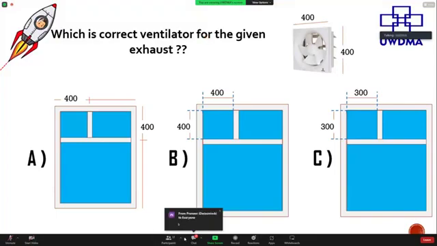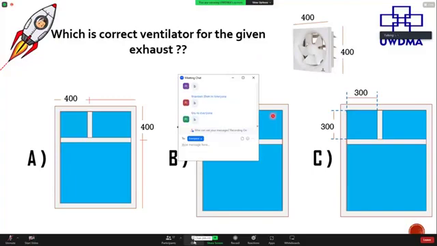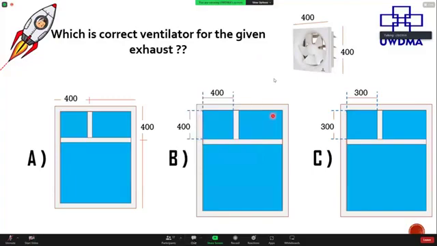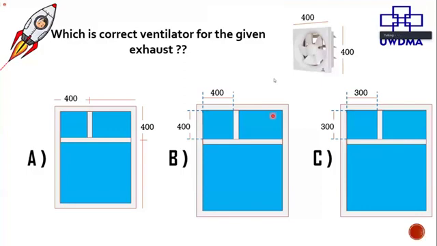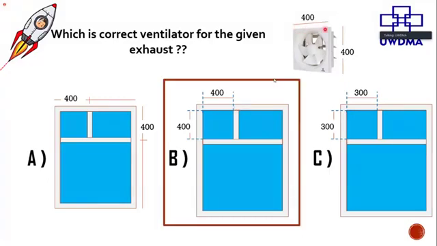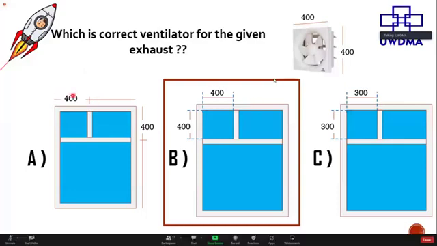People are saying B, and yes, we're going with B because, as I've told you, we have to take the measurements internally, not externally, because if we take the measurements externally, then it will also include the size of the frame and half of your mullion.